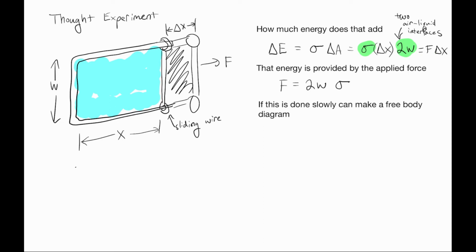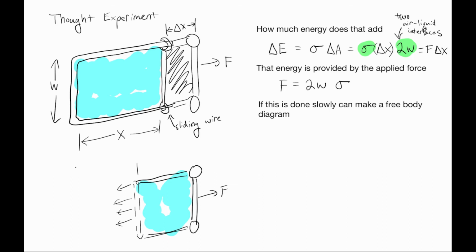So if we think about doing that process of pulling it apart very slowly, we can make a free body diagram for ourselves where we balance the force that we're using to pull by a force that must exist at the air-liquid interface that counters it. Otherwise, we wouldn't be in equilibrium. So there must be some sort of force pulling back on the film.